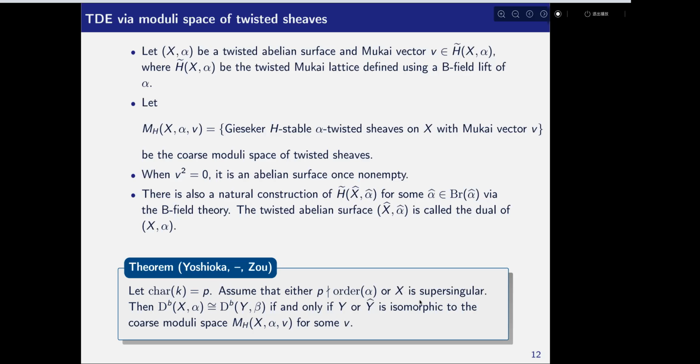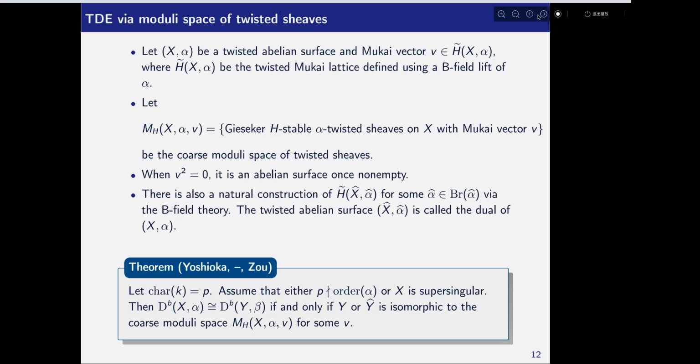So that means every Brauer class is of order P. In that case, we have a different approach to show that this is still valid. So in positive characteristic, you have to be careful when the order is not coprime to P.